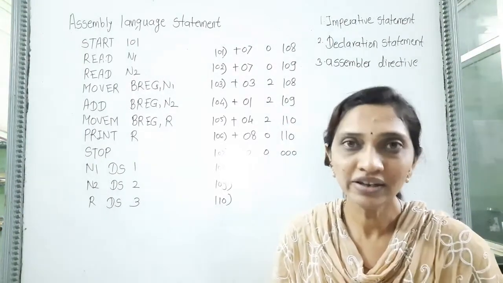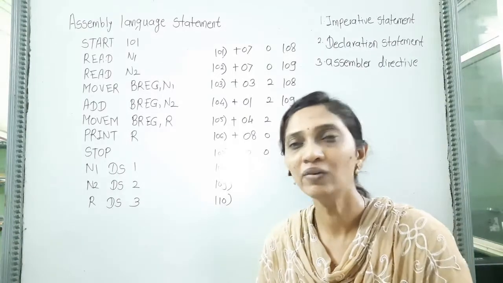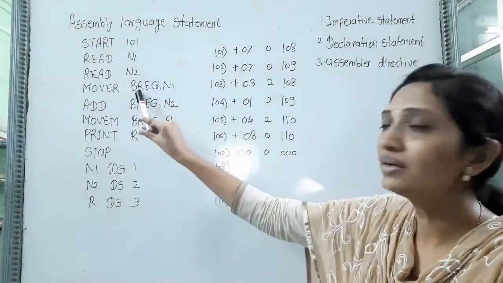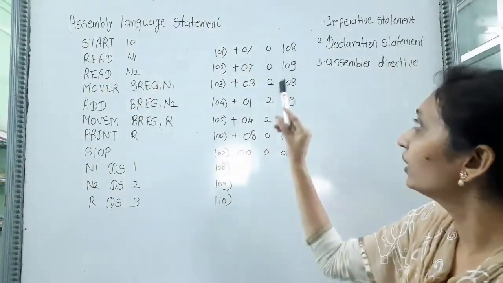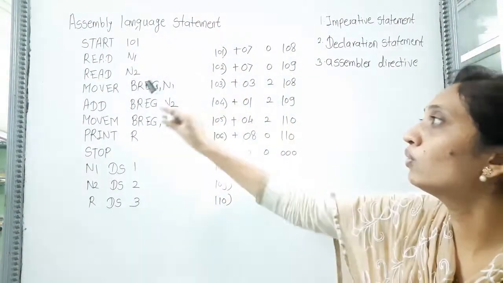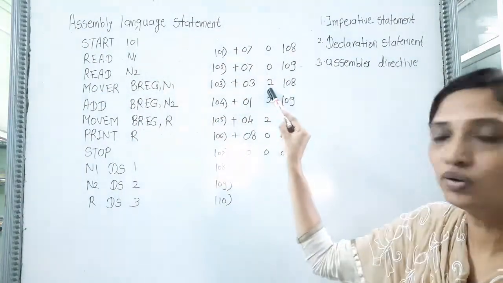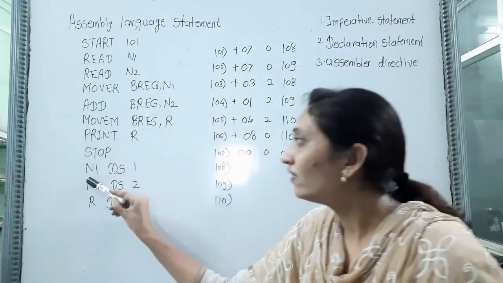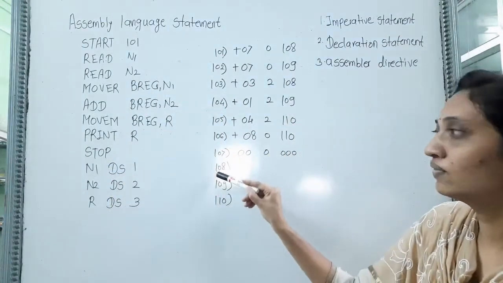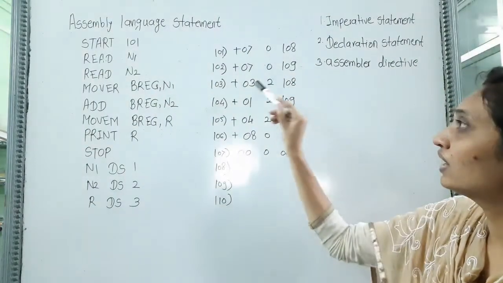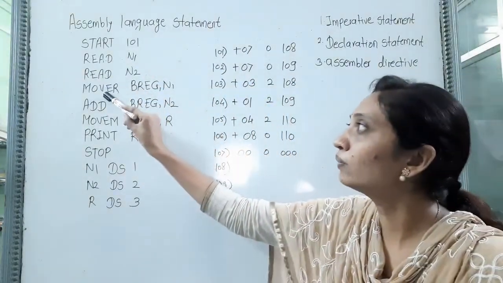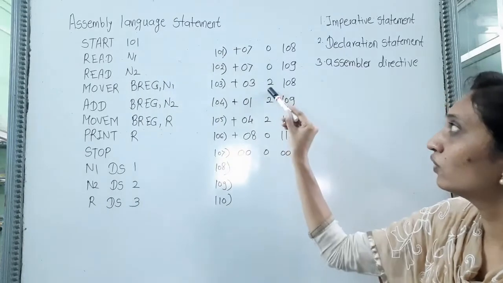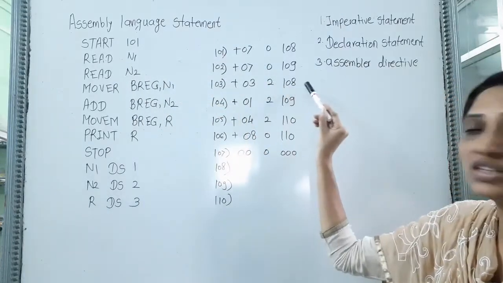If you are using the D register, the value is indicated by 4. Now here we are using the B register. That's why we give the value 2. So the B register is represented by 2. And after that the second operand is your N1. And N1 is stored at which location? 108. So we give here 03 for the mnemonic opcode MOVER, BREG as 2 and N1 as 108.